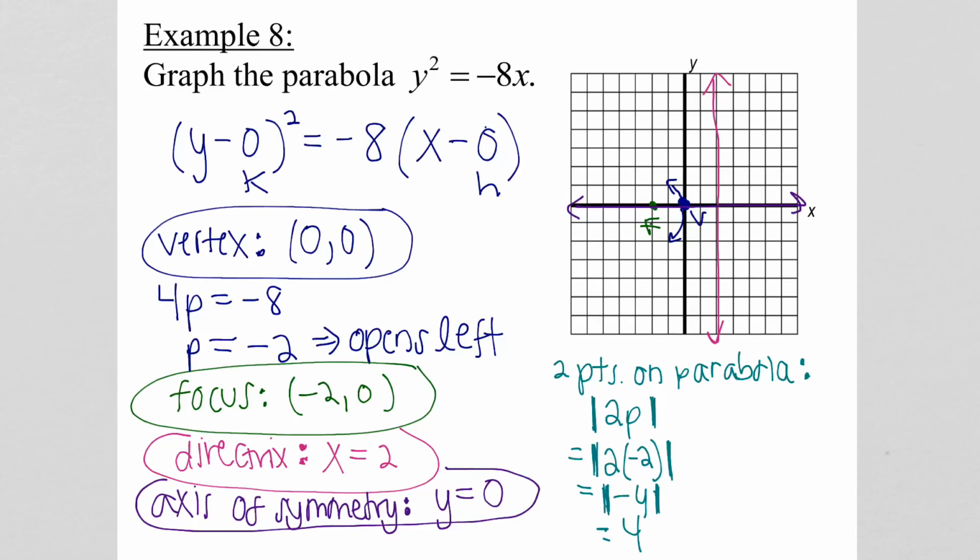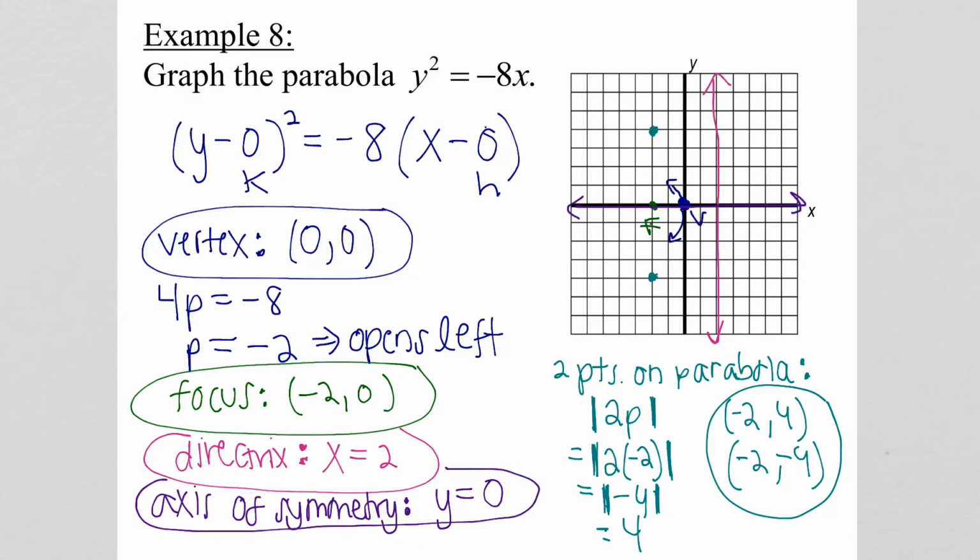So I'm going to graph 1, 2, 3, 4, the point 4 units up from the focus, and the point that is 4 units below the focus, and those are actually the 2 points on the curve. To label those 2 points, I'll call them (-2, 4) and (-2, -4).